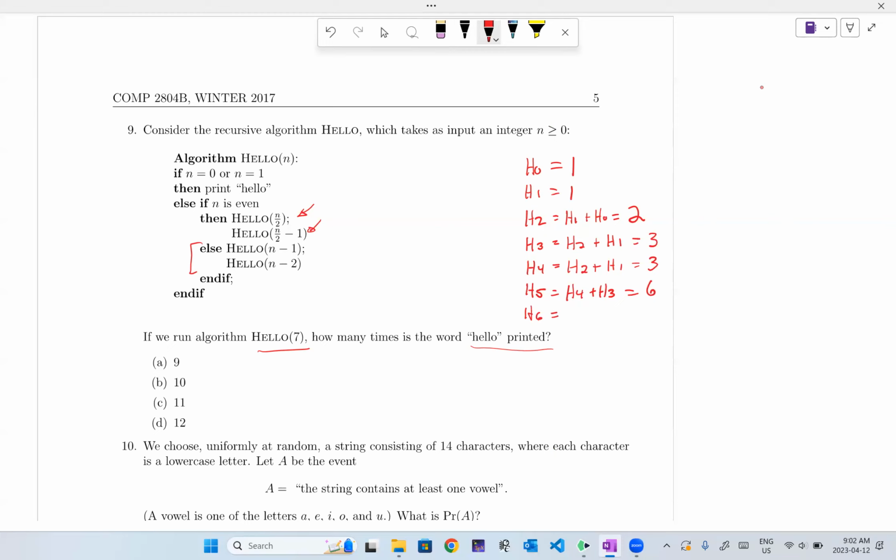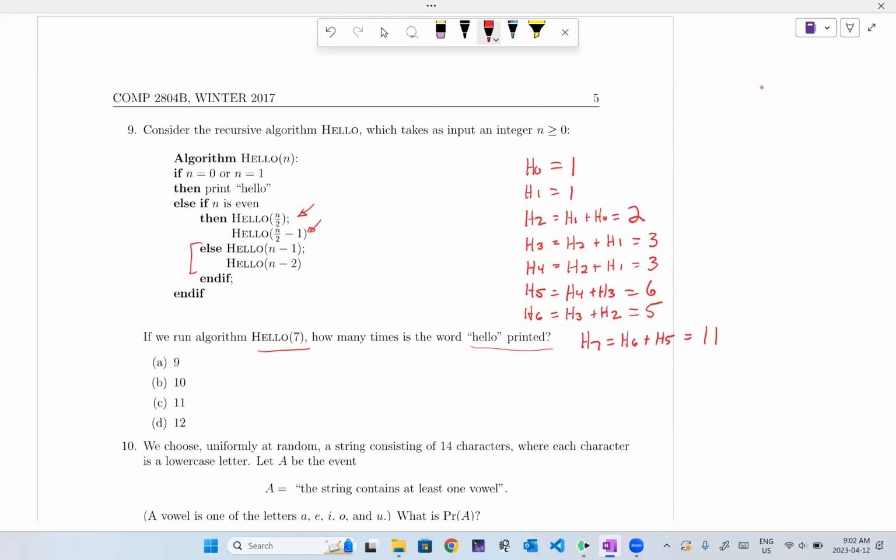H6 is equal to, well, 6 divided by 2 is H3. 6 divided by 2 minus 1 is H2. H3 is 3, H2 is 2, so that's equal to 5. H7 is going to be H6 plus H5, which is 11.